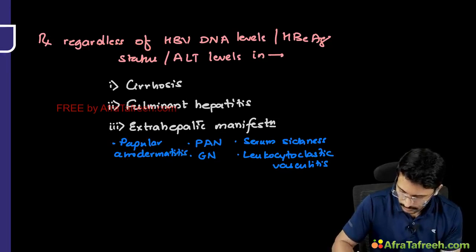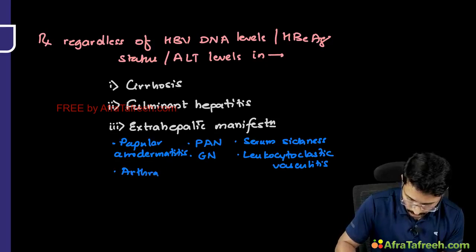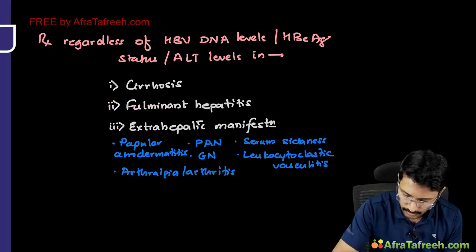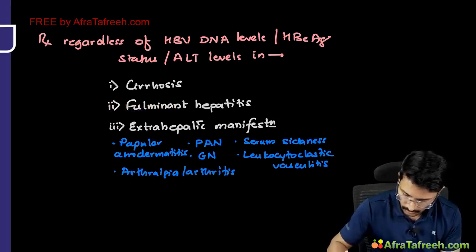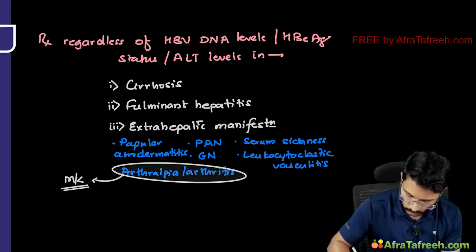They can also have arthralgia or arthritis. So if there is an MCQ asking you what is the most common extrahepatic manifestation of HBV infection, your answer should be this. Arthralgia or arthritis is the most common.